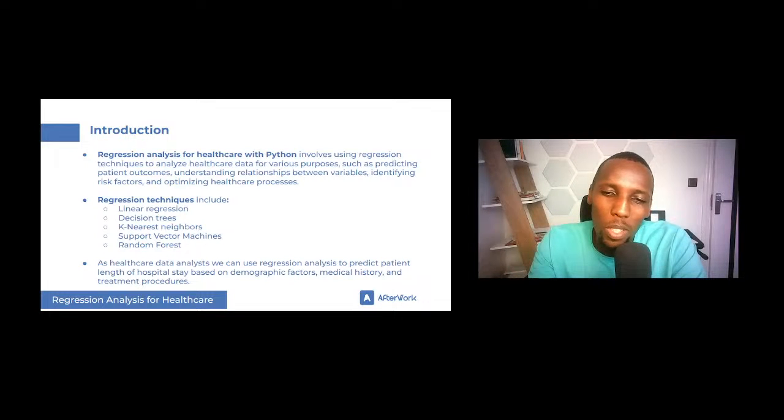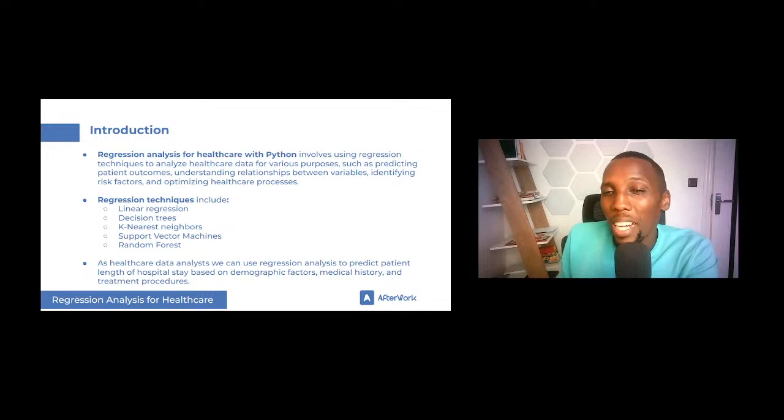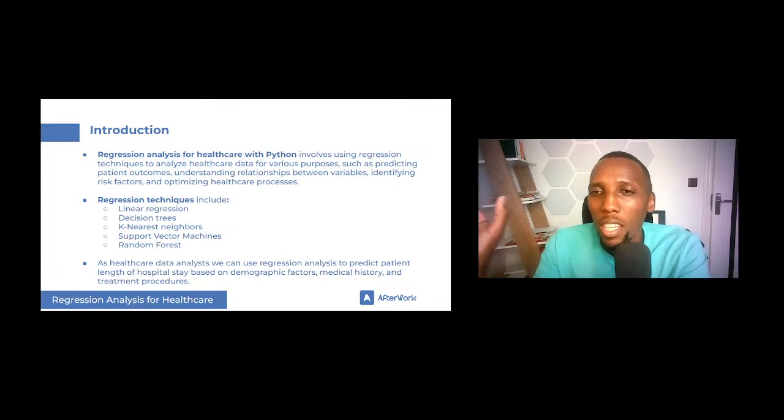In such a situation, you would be performing what is called classification analysis. But in our case, regression analysis focuses mainly on the dependent variable being continuous or numerical in nature.